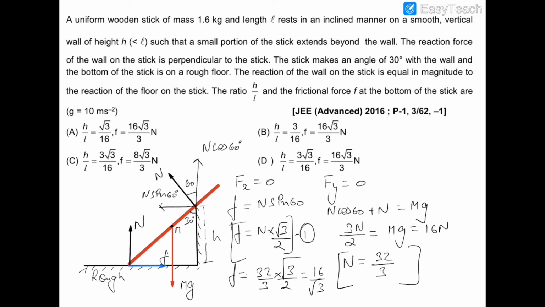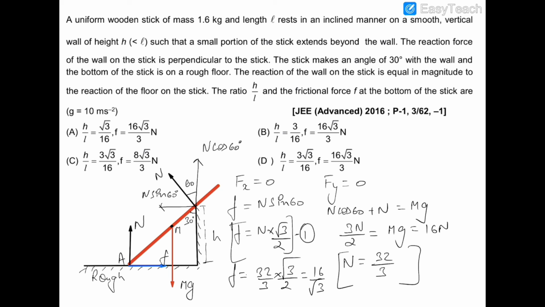Okay, now let us balance the torque. So we'll balance the torque about point A, because in that case the torque of friction and normal reaction would become 0 and the equation would be shorter. So balancing the torque about A to be 0, we can say that torque of mg would be mg into this distance.